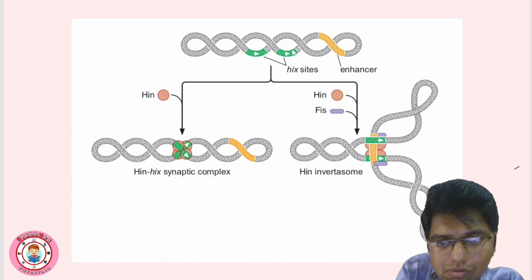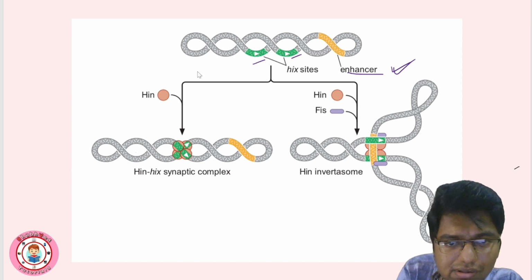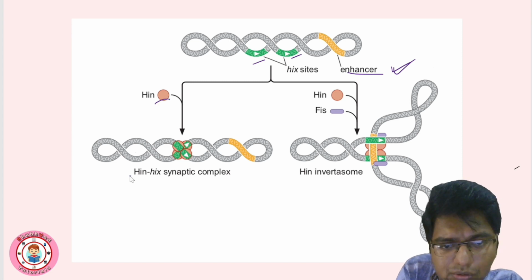See, this is a Hix site where Hin will come and bind. It also requires a DNA enhancer, which increases the rate of recombination. Now this Hin is coming here and binding, forming the Hin-Hix synaptic complex.